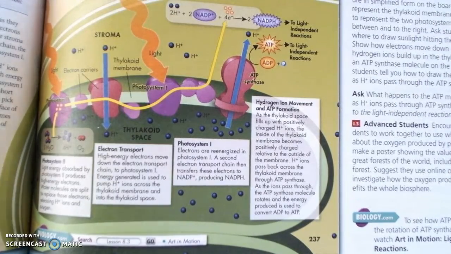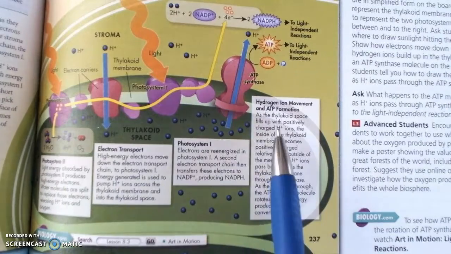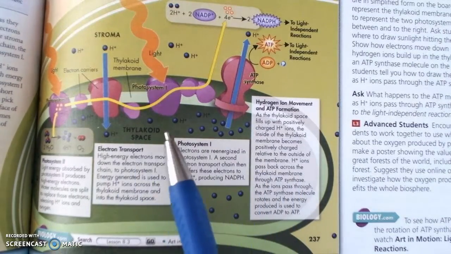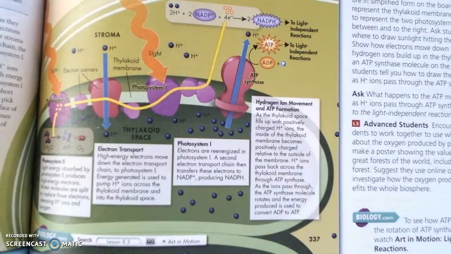The first thing to understand is that this is the thylakoid, and the thylakoid is inside of the stroma, and the stroma is in the organelle where photosynthesis takes place, the chloroplast. So this is a zoomed in view of the inside of a chloroplast.